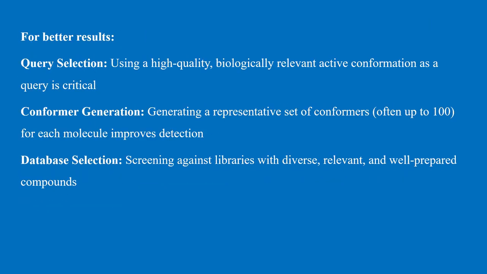The query selection is important. If you want highly effective compounds, you need to give the correct and exact structure and the relevant active conformation. The bioactive conformation is critical for this, generating the different conformers is important, and database selection is important. So this is about shape-based screening.